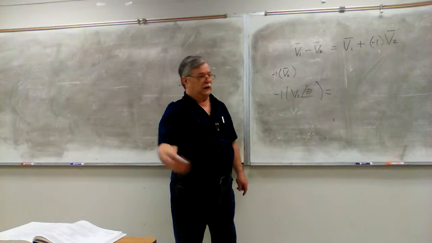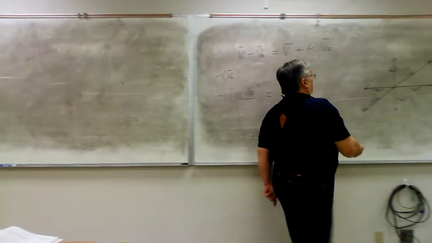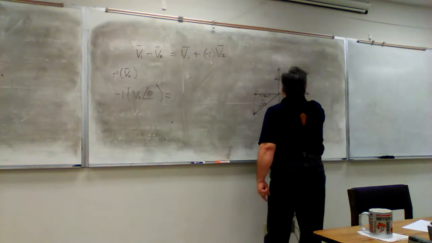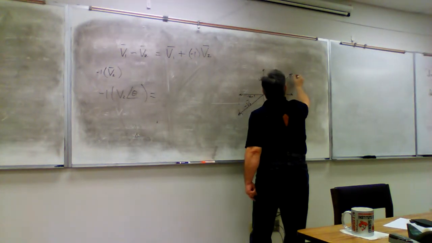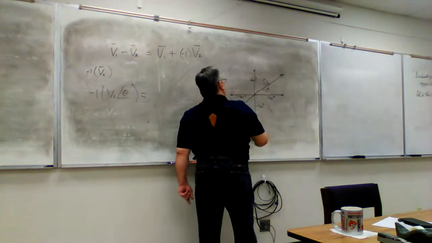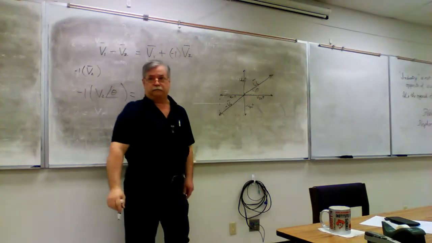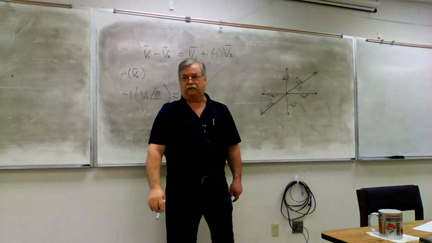And you could write it that way, because if this is theta and this is plus v2, if you go minus v2 at that same angle along that same line, you're going in the opposite direction.